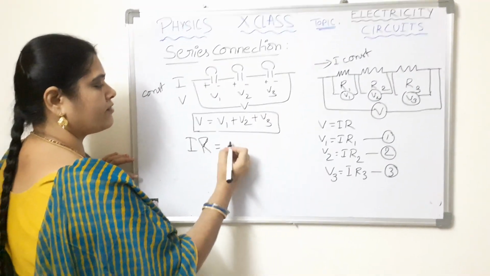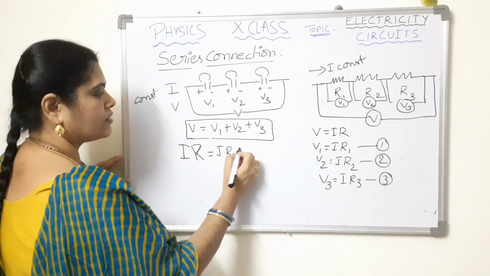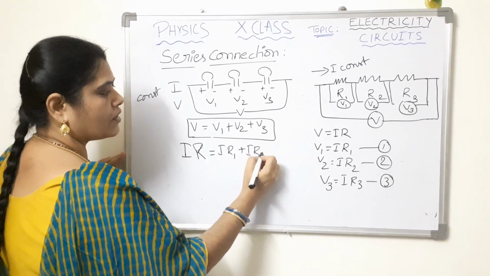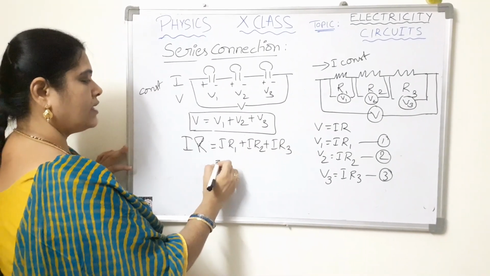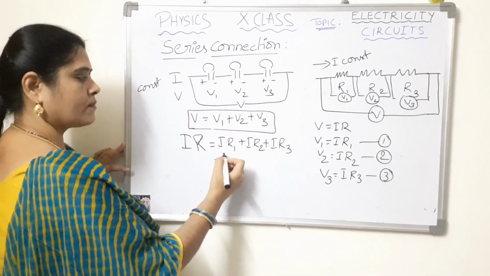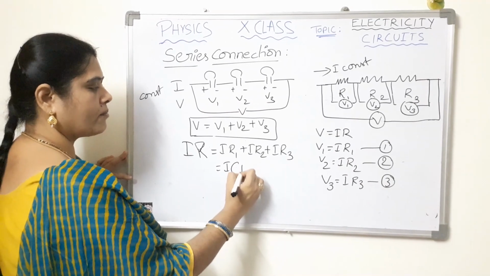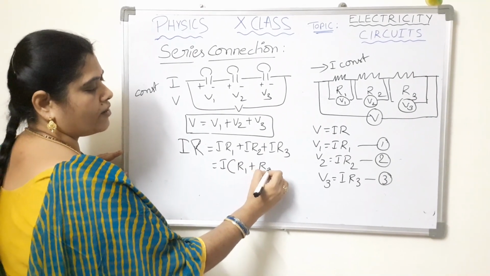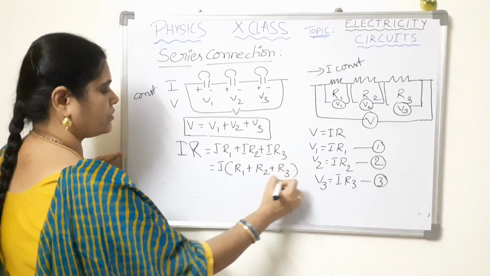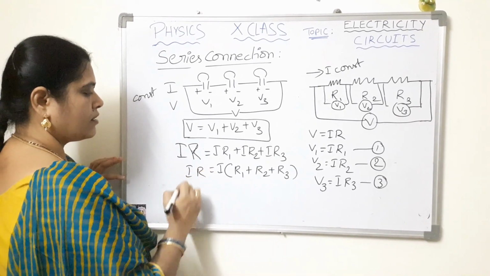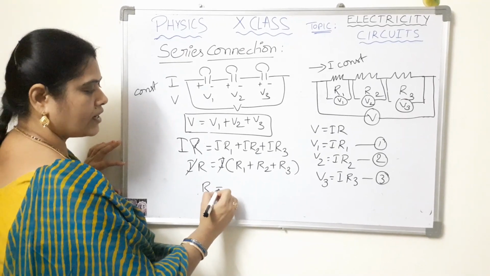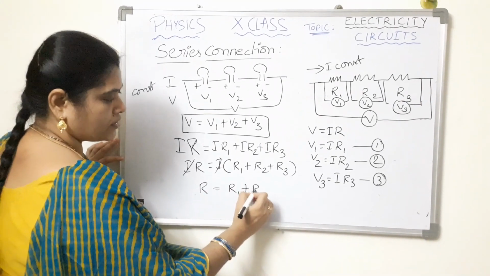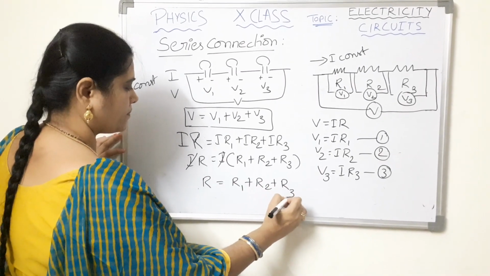In place of V1, IR1. In place of V2, IR2. In place of V3, IR3. See, in all these terms, I is common. So take I common, then it will become R1 plus R2 plus R3. Here it is IR. Eliminating I on both sides, then what will you get? R is equal to R1 plus R2 plus R3.